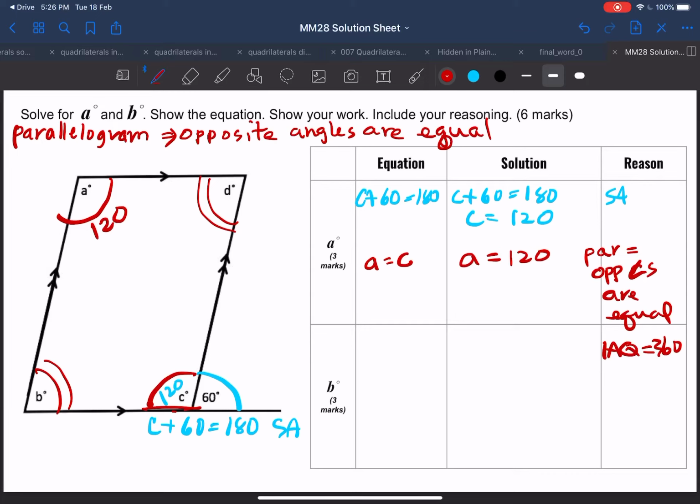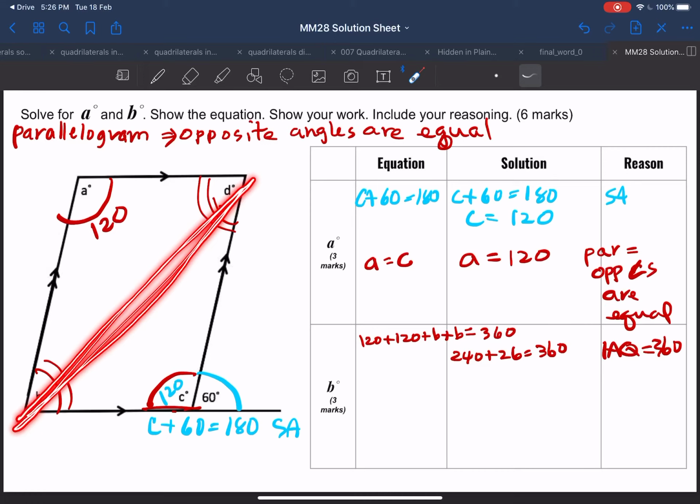If B and D are equal, we can just call it B also. So the equation would be 120 plus 120 plus B plus B equals 360. The solution would be 240 plus 2B equals 360. Again, it's 2B because opposite angles in a parallelogram are equal.